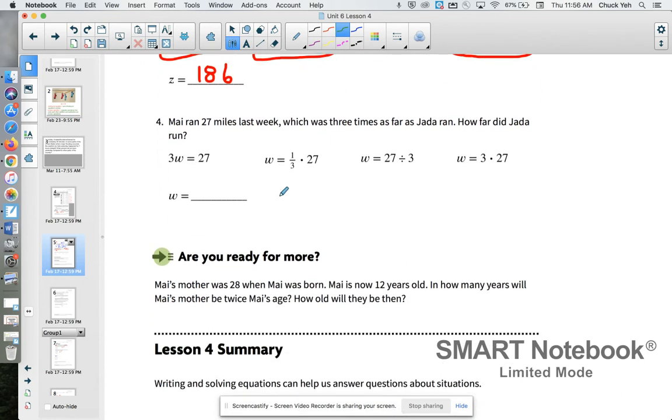Maya ran 27 miles last week, which was 3 times as far as Jada ran. How far did Jada run? We don't know what Jada ran. But what we do know is that it's 3 times as far as Jada.